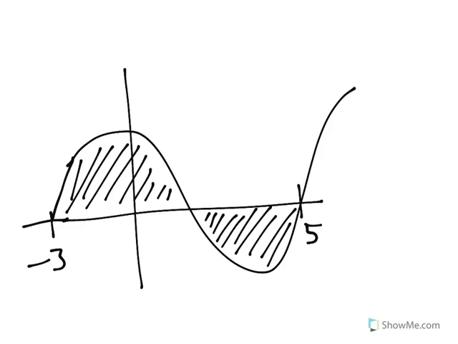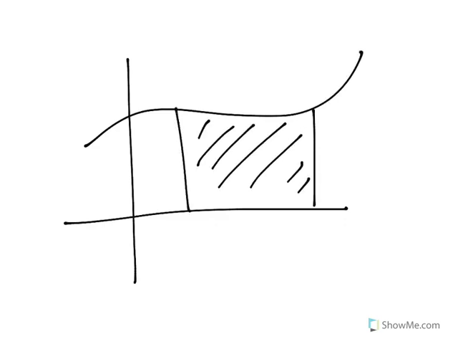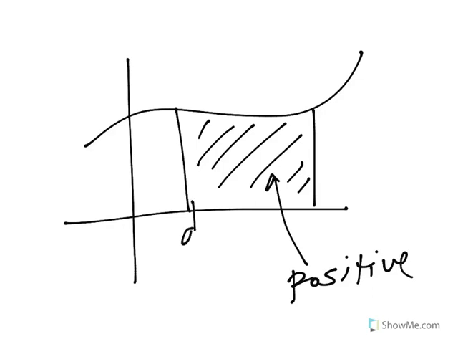If you have a part of a graph that is above the x-axis, like in our previous video, it makes sense that that area would be considered a positive value. When we talk about the integral from A to B of this function, it makes sense that the integral is going to give you a positive value.